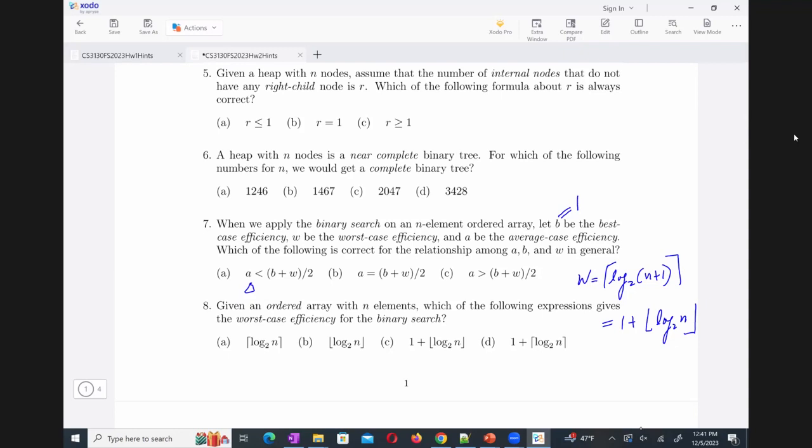Do you remember in class, I did one average case computation in the notes for n equals 7, power of 2 minus 1? Because this one is relatively simple, I drew a binary tree, and to do the weighted average, we count.